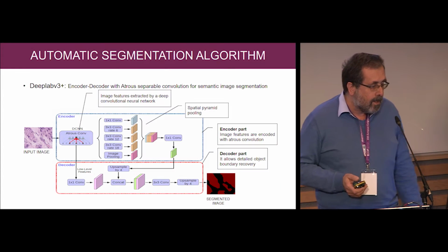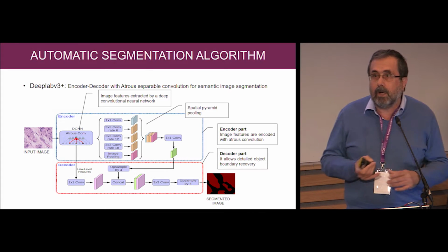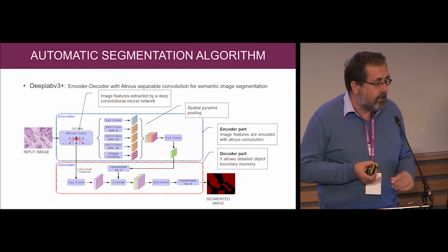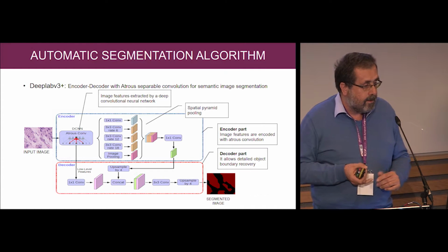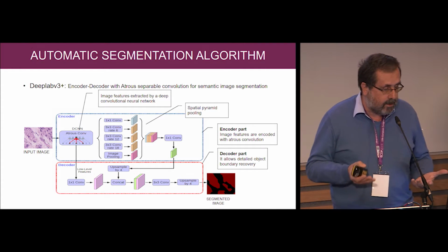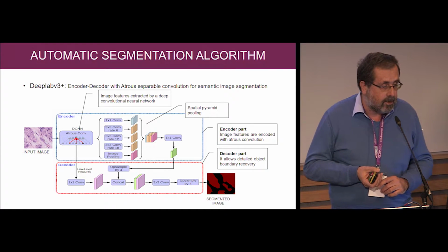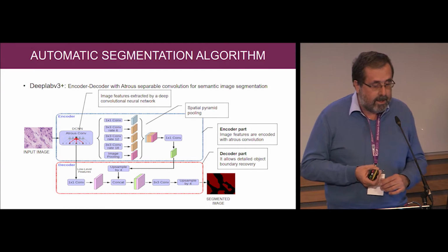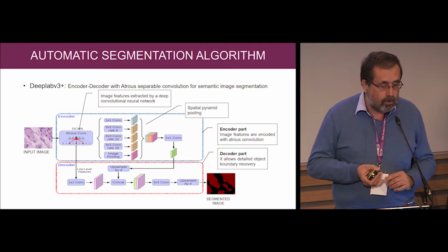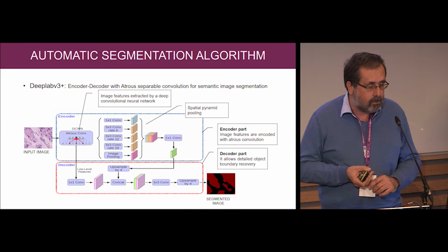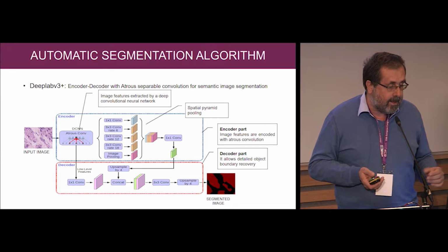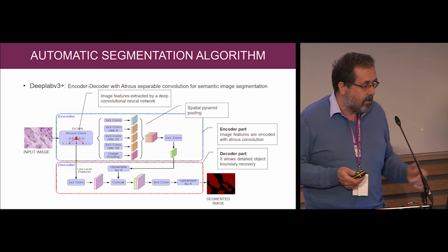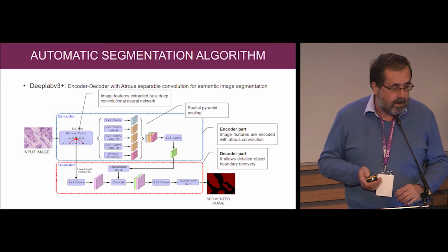And for this, our engineers decided to use the DeepLab V3+ neural network, because it showed very good results for segmentation, and also to separate very well the tumoral areas, for instance, from the background or from the stroma.